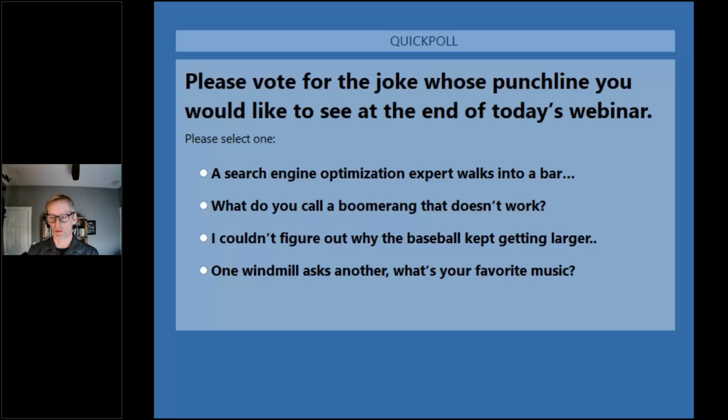Third choice, I couldn't figure out why the baseball kept getting larger. And the fourth choice, one windmill asks another, what's your favorite music? So Sam, I'll let you expound on these if you want to. Yeah, sure. I can't stress this enough. Please vote responsibly. Some of these jokes are really stupid. So, as we say in the U.S., vote early, vote often, but do vote responsibly.